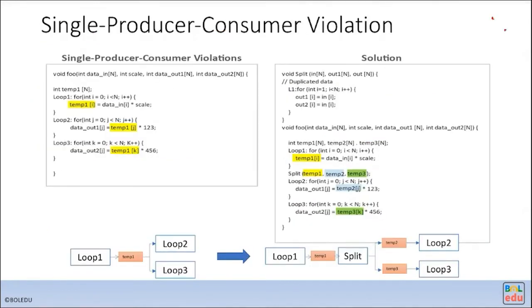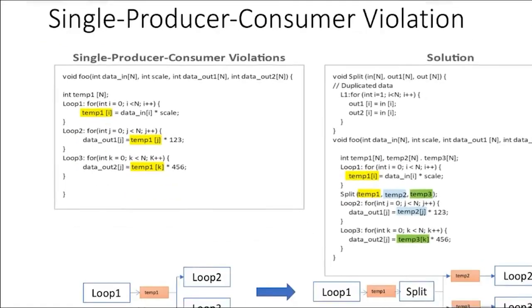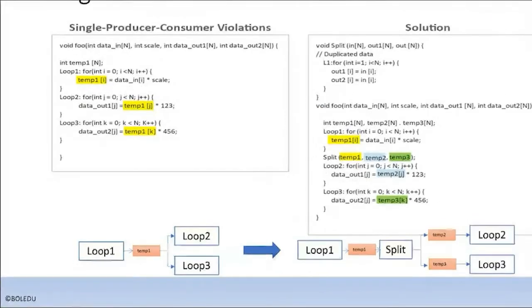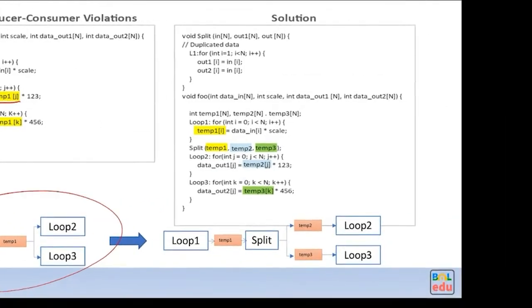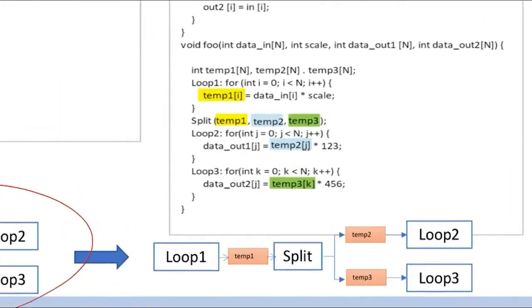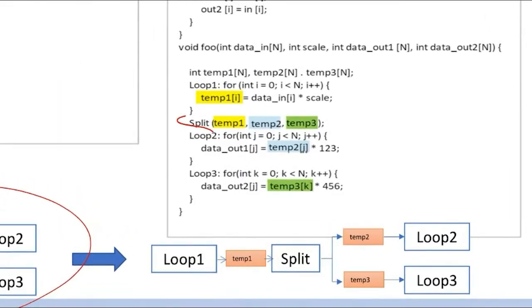First is the single producer consumer, like in this example. This loop, the temp one, actually goes into two other loops, so the graph is like this one. In this case, you need to restructure your code to introduce the so-called split function.